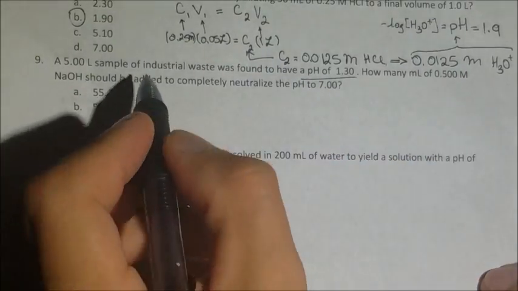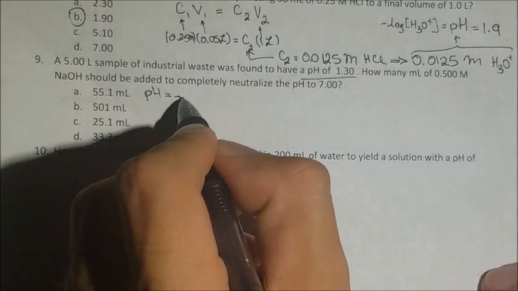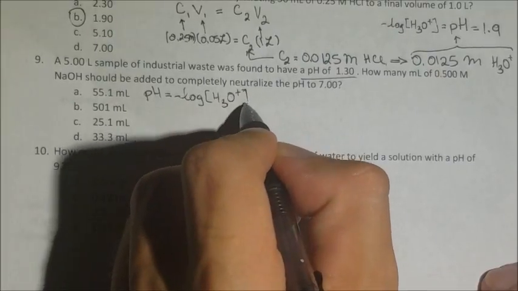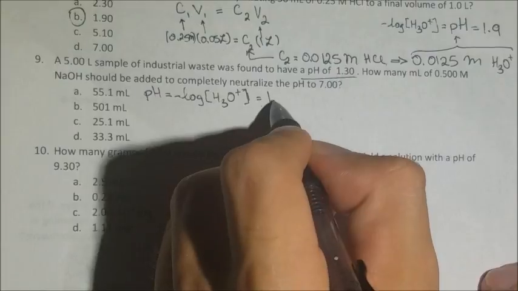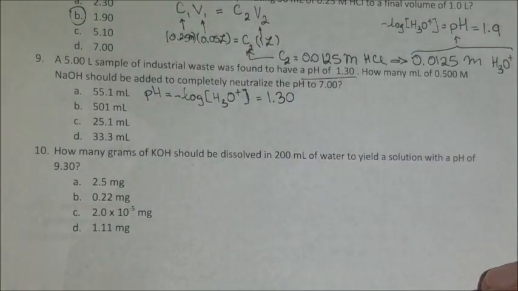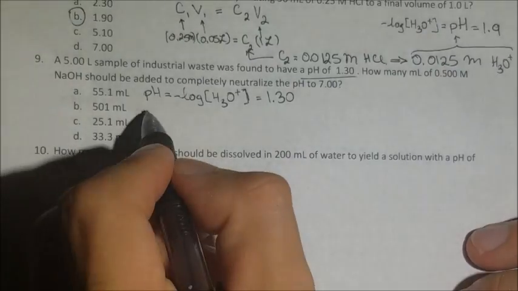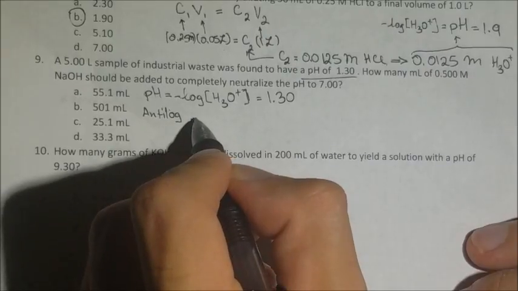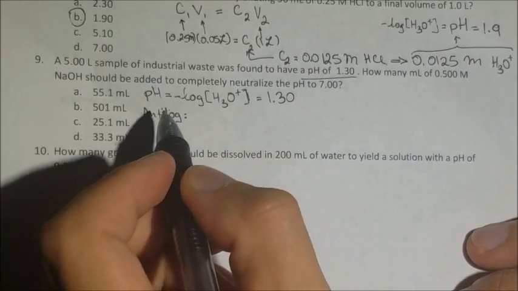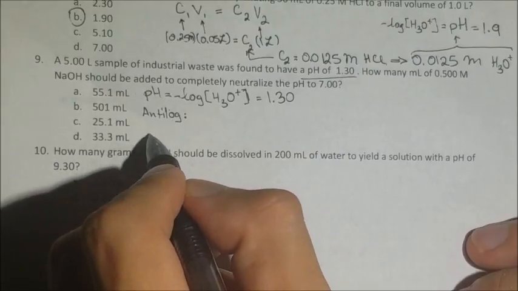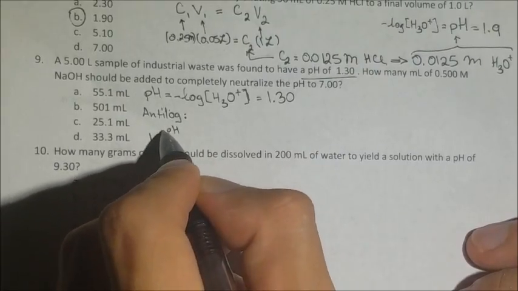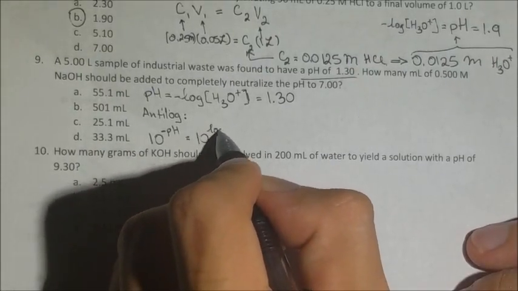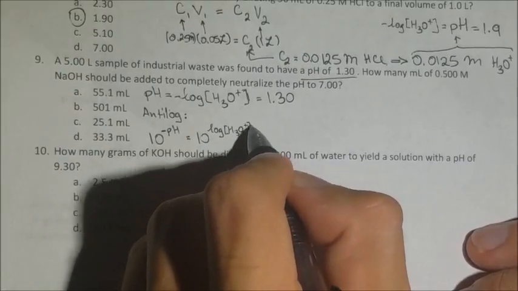Let's start out with the pH. pH is the negative log of the hydronium concentration. We can start out by identifying that the pH here is 1.3. So if we take the anti-log of the pH, it goes like this: 10 to the negative pH equals 10 to the log of H3O plus.